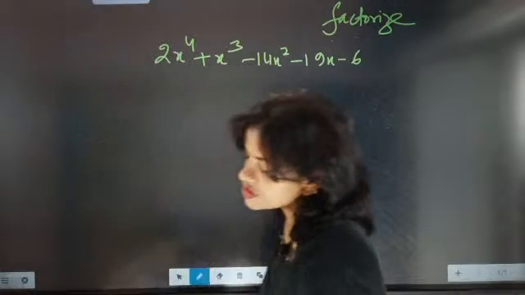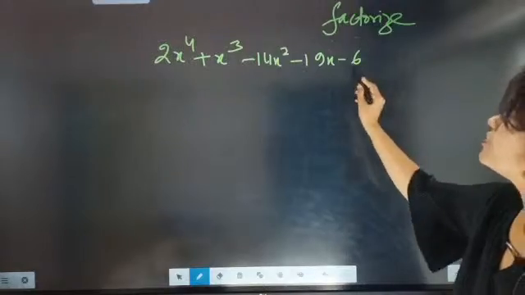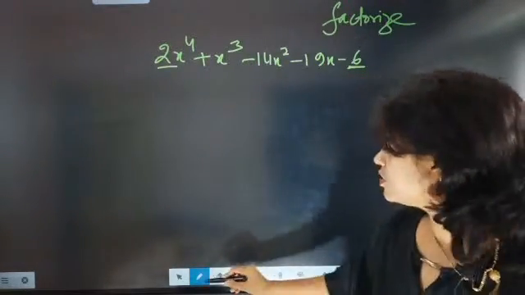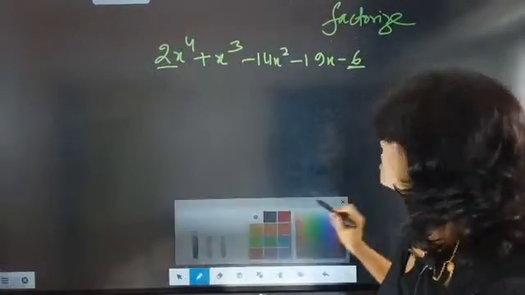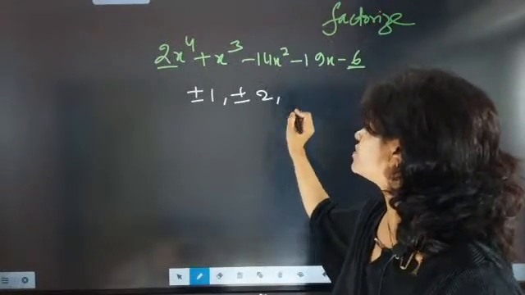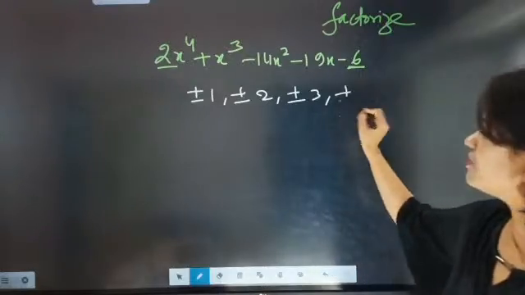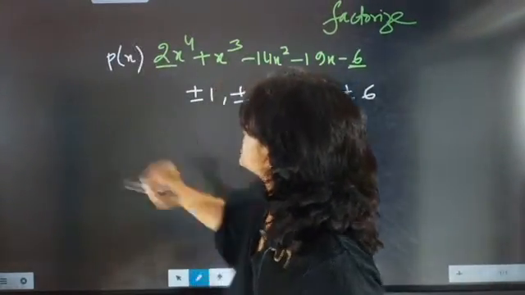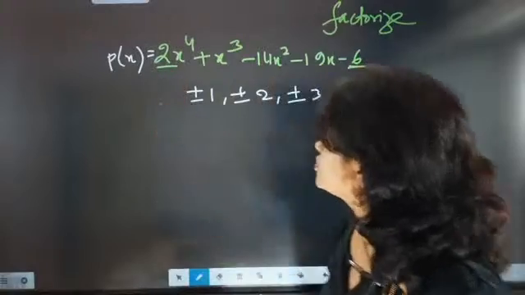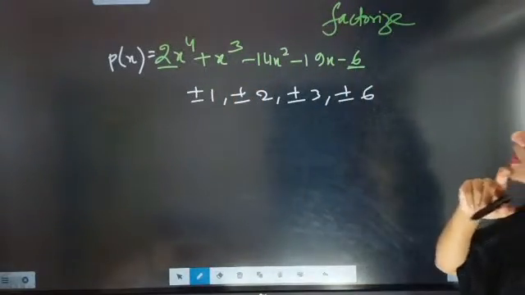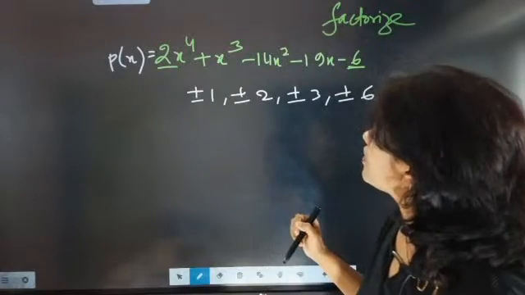So we are going to see the constant term, exactly this part also. The constant term is 6, so its factors are plus minus 1, plus minus 2, plus minus 3, plus minus 6. Anyone can satisfy this p of x. If I put 1, it is not going to prove our point.